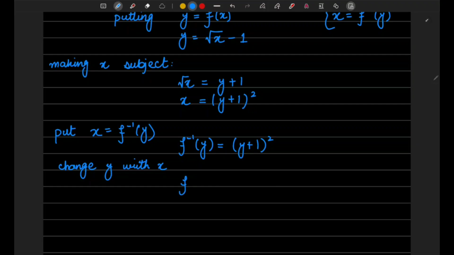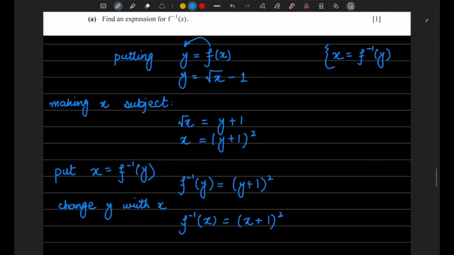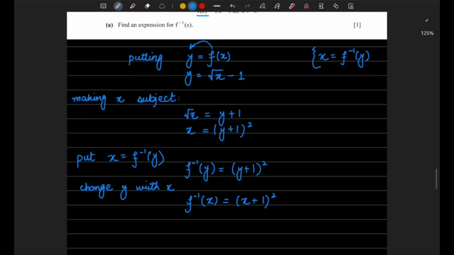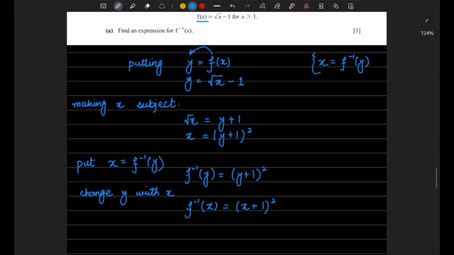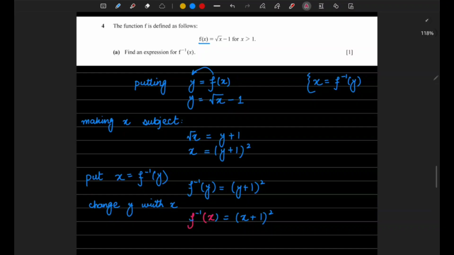So it will become f inverse of x equals (x plus 1) squared. So this is how we found an expression for f inverse of x. Okay, this is it. Now let's do part B.